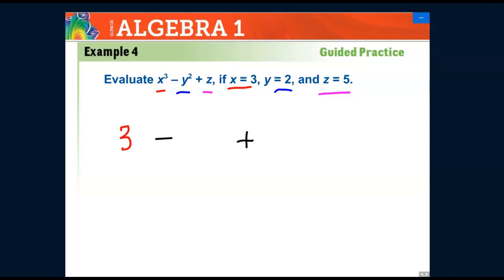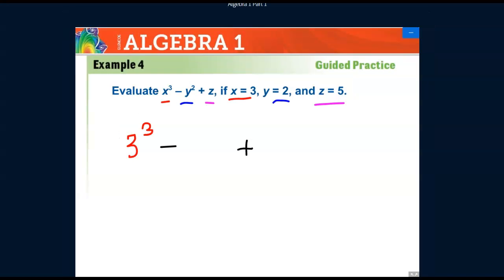So we have 3 cubed minus 2 squared plus 5. What is 3 cubed, Ezra? Very good. Sierra, what's 2 squared?